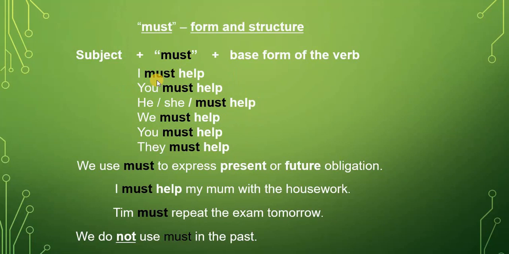Must is always the same form, and the base form of the verb is always the base form of the verb. That doesn't change. Alright? There's only one form for this. We don't have the present, past, and future.